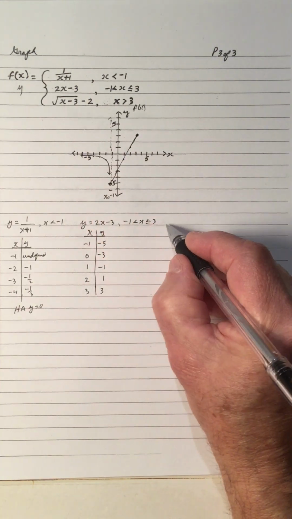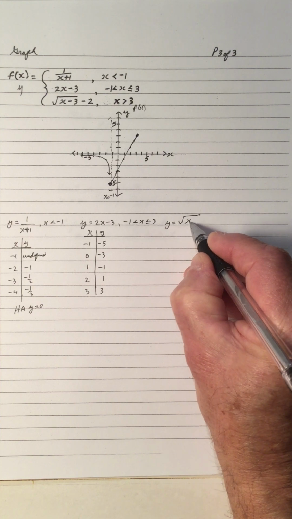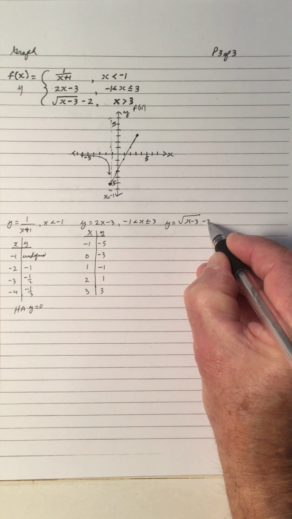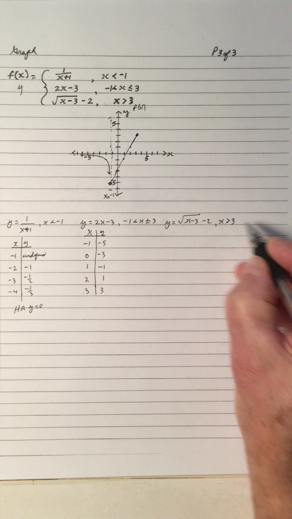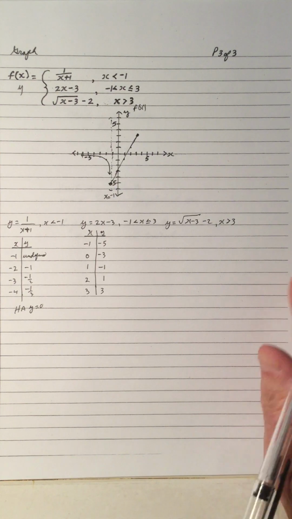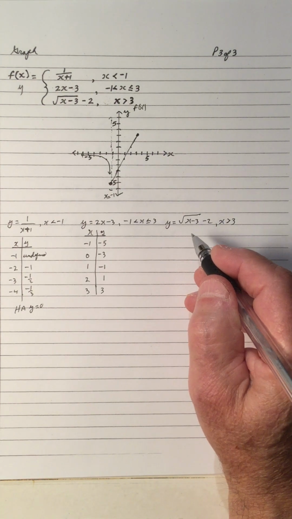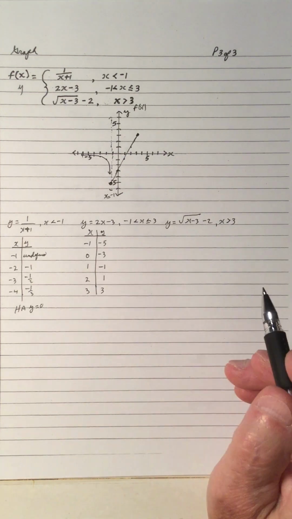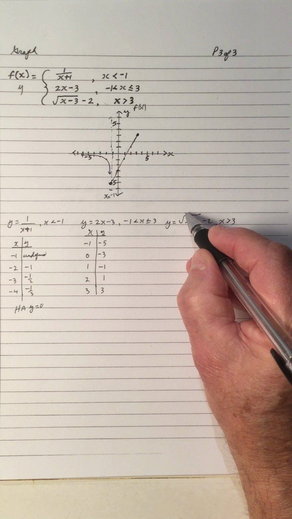And we have one more: y equals square root of x minus 3, minus 2, and the interval is x is greater than 3. So what does this look like? Well, the square root is the inverse of a square. A square is a parabola that goes up or down.